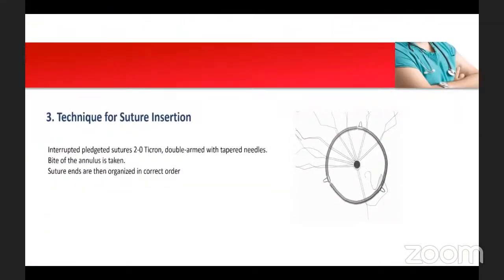Moving to suture insertion technique, the valve is sewn into position via interrupted pledgeted double-needle sutures, with a deep bite into the annulus taken, and the suture ends are then held and fixed in correct order in an organizing ring or organizer.